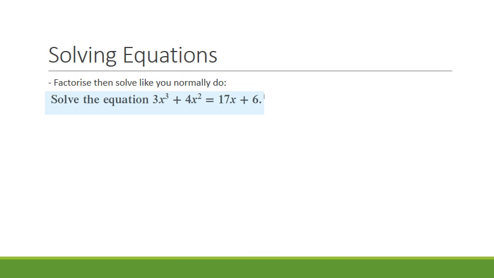Alright, to solve equations, you will factorize and then solve like you normally do. So first things first, put it all to one side. Minus 17x minus 6. So same thing, check your 6. 1, 2, 3, and 6. So we'll test those numbers.